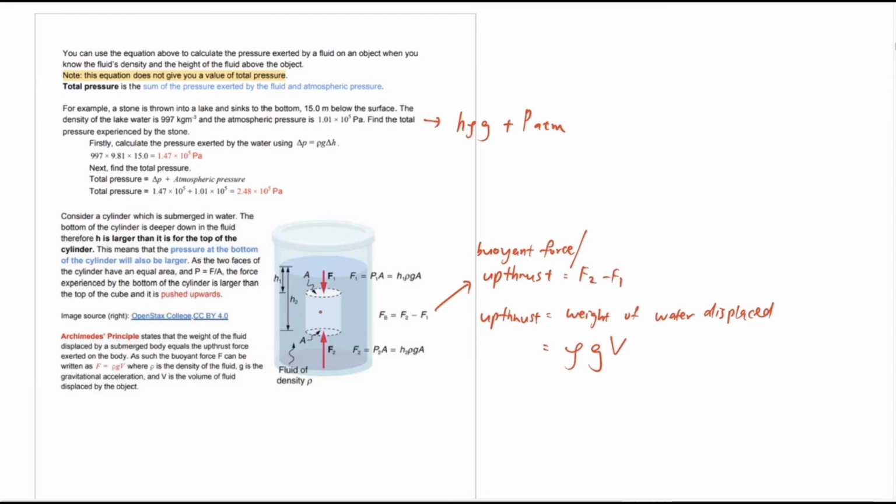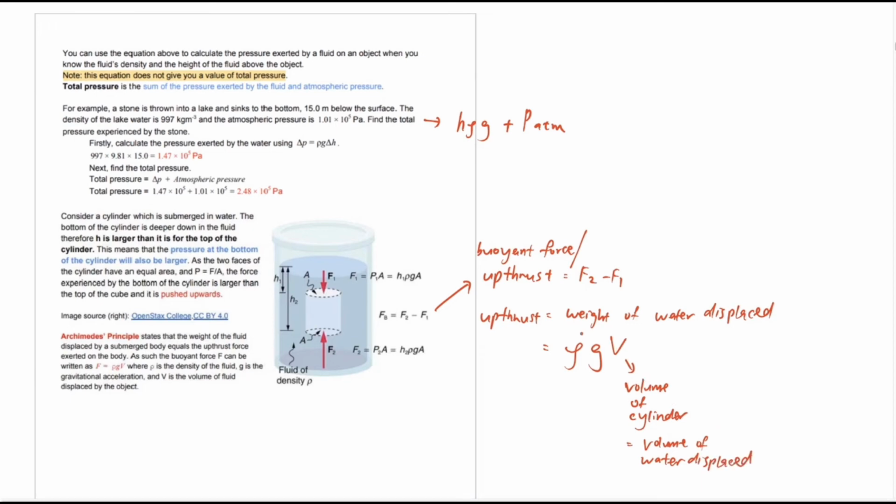Because the cylinder takes up the space and then the water has to go elsewhere. So that is the volume of cylinder. Volume of cylinder is equal to volume of water displaced.